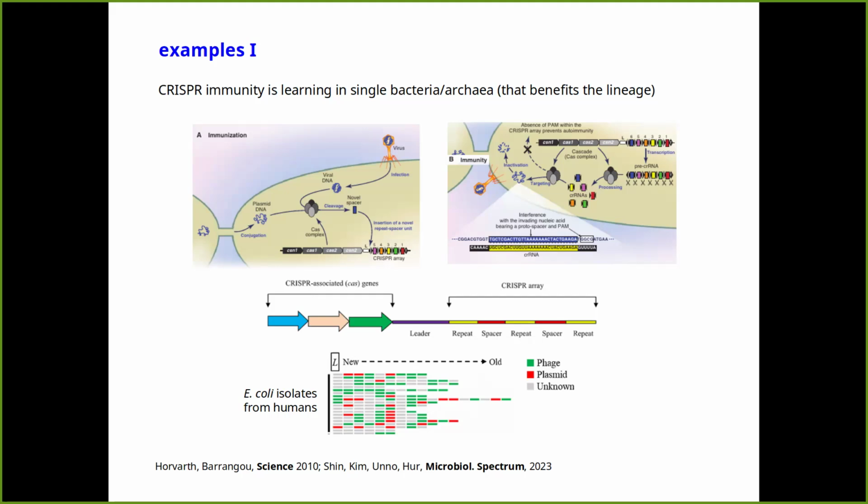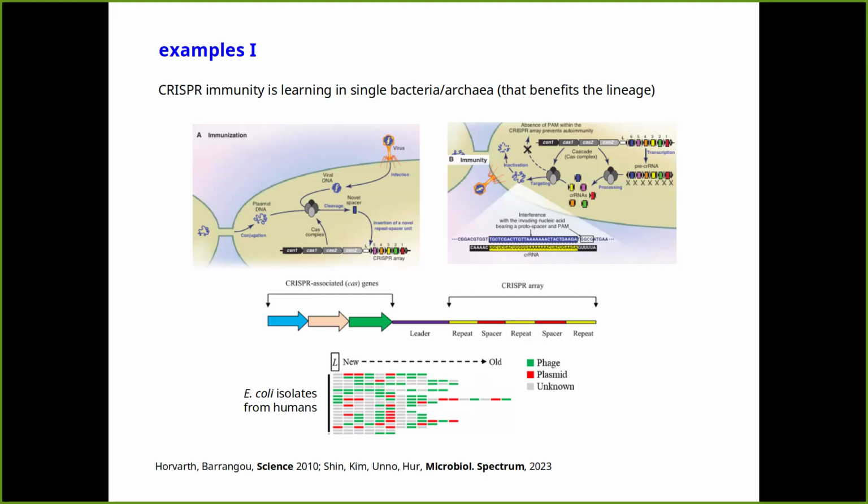And evolution has given certain bacteria the ability to detect the DNA of the virus, to snip out a segment of that DNA and insert that segment into the bacterium's own DNA. Okay. And it's inserted in a position called the CRISPR locus.